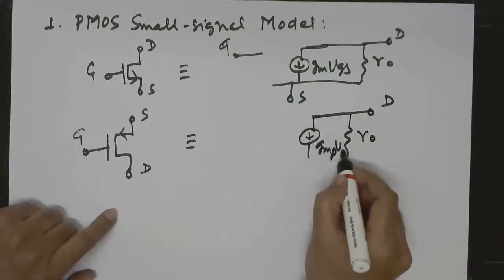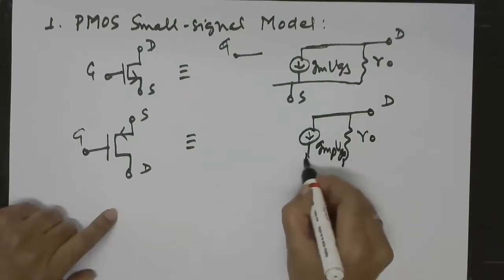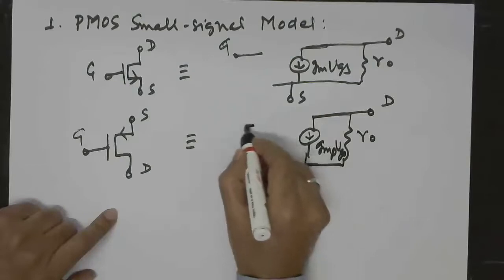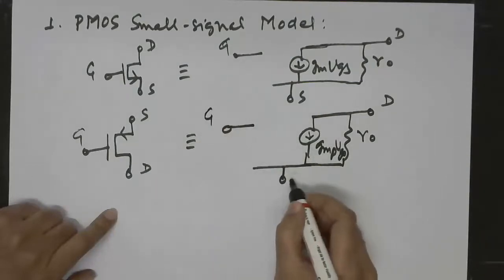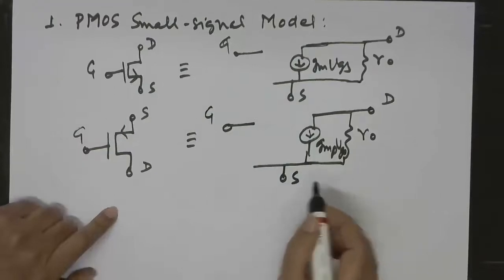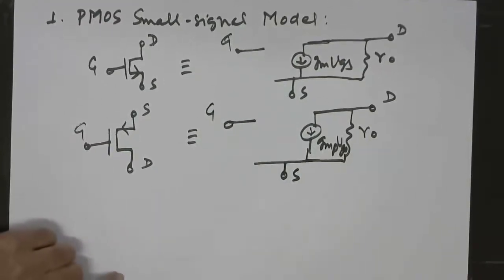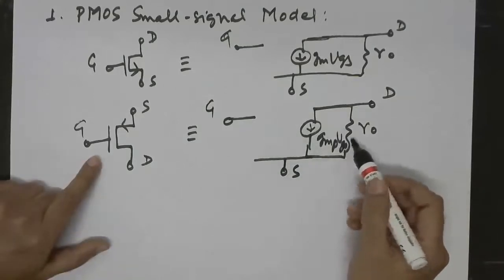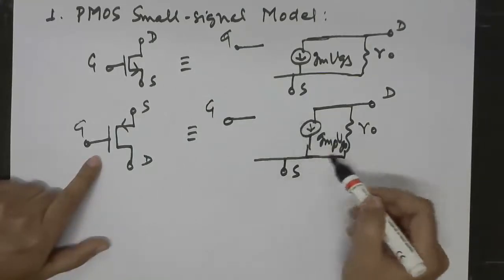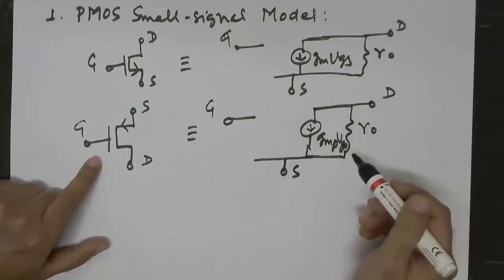We will simply point out that this is the case for PMOS also, and then we will qualitatively analyze the consequence of this model on the behavior of PMOS to convince ourselves that indeed for PMOS also this model will give the correct picture.